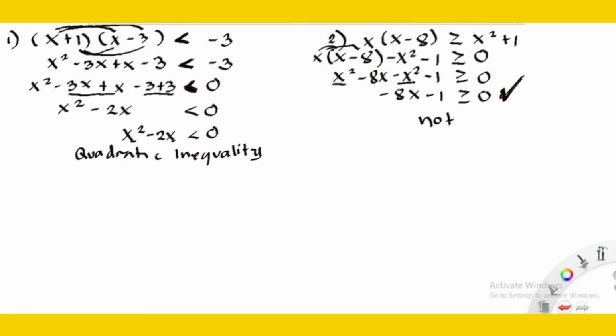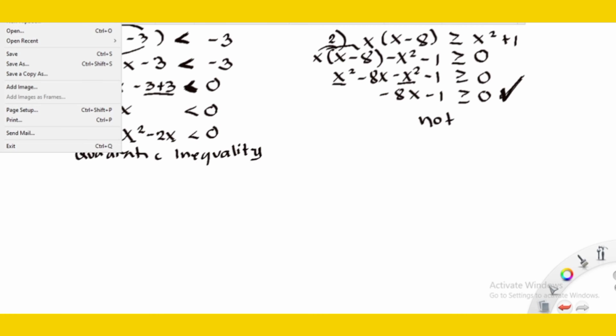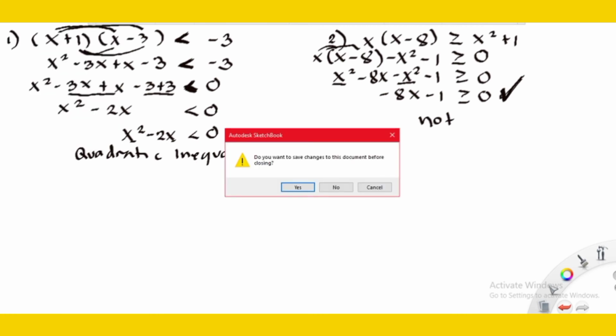Now, we can determine if a given point is part of the solution of a quadratic inequality. When we say inequality, it doesn't have just one solution. Unlike a quadratic equation, it has one solution or two solutions, right? The maximum number of its solutions is 2.